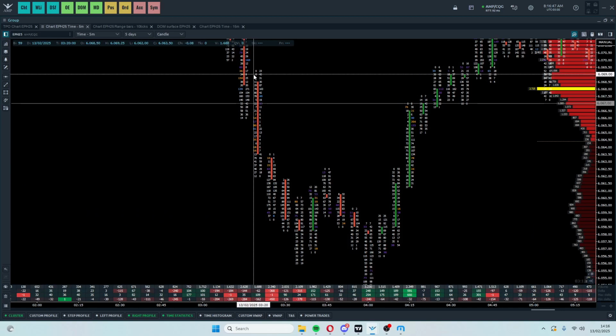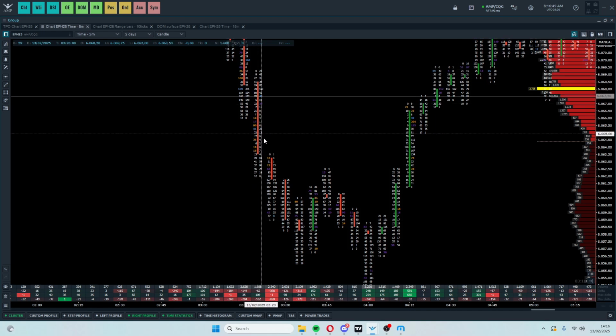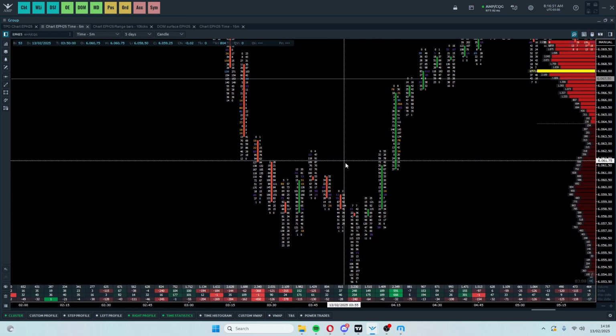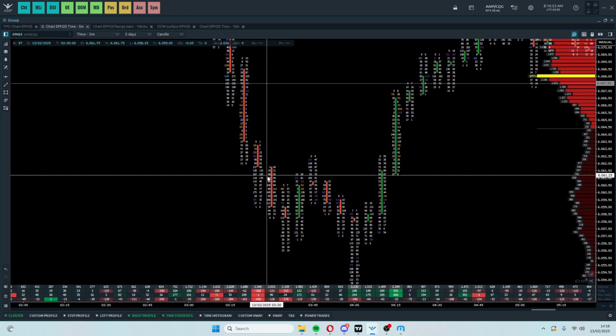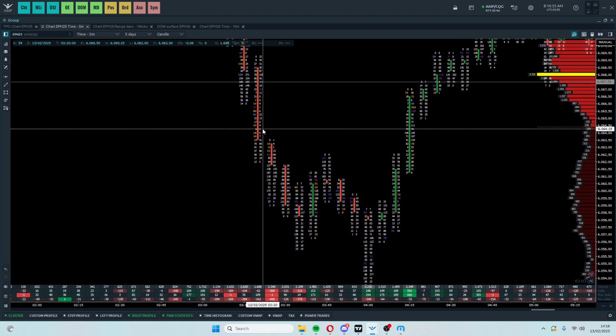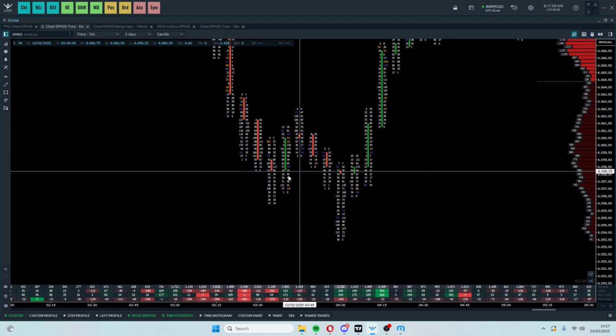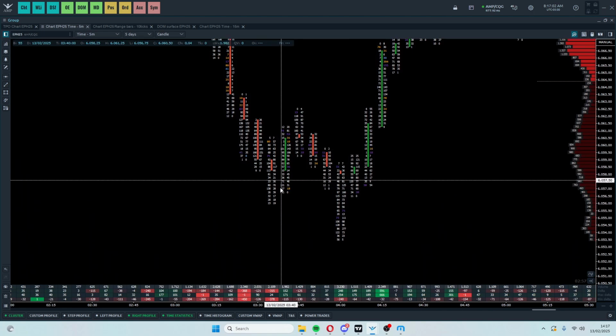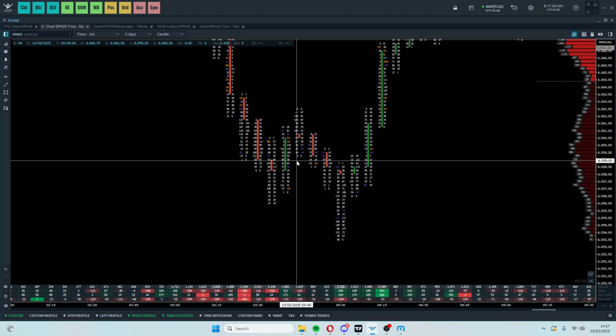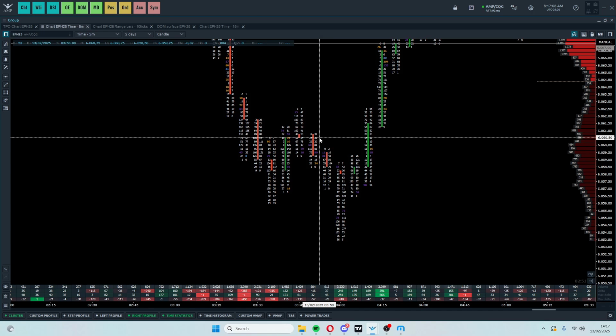So you have the volumes at each price level, and this gives us a way to find out whether buyers are in control, sellers are in control, passive buying, passive selling, absorption, supply and demand can all be seen inside of a footprint chart, and this gives us the edge we need when we trade.